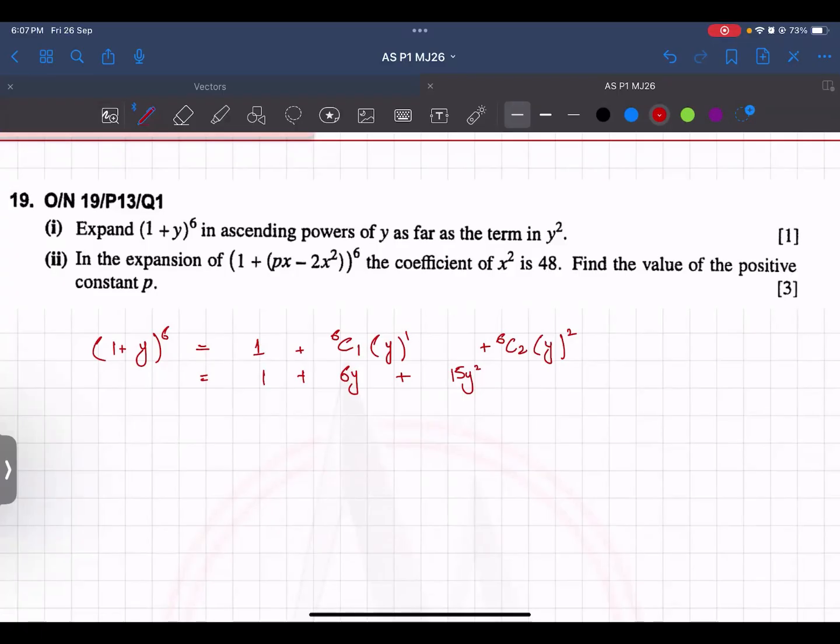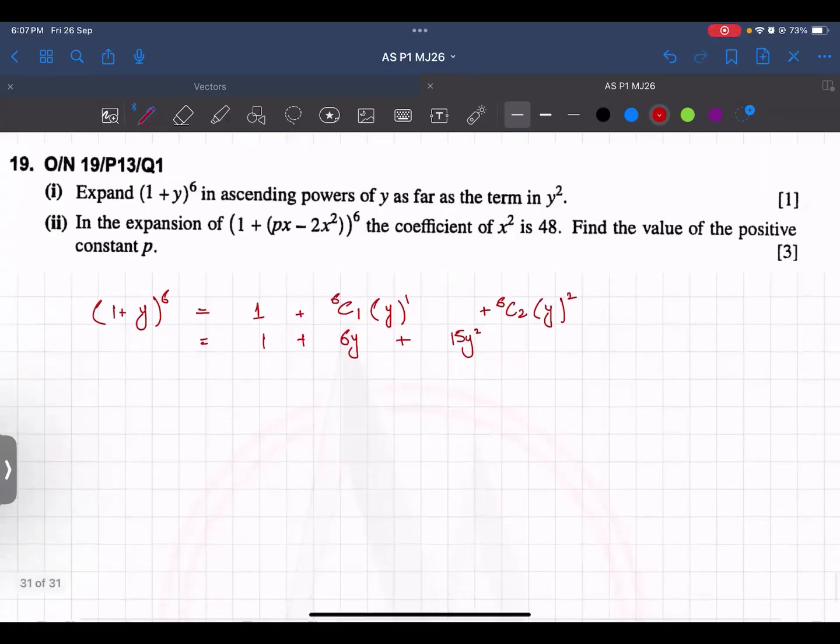Easy. Then they have given, in the expansion of (1 plus px minus 2x square) power 6, the coefficient of x square is 48. Now, if you see this closely, you will see that they have simply substituted the value of y with this thing.